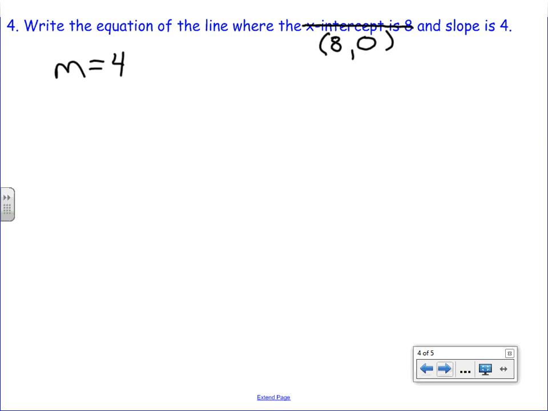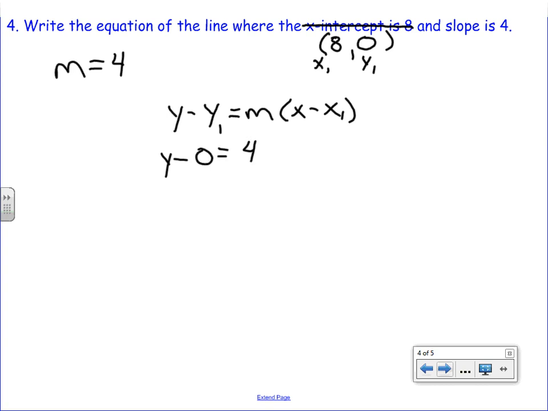So what we're given is our x1, y1. So we go back to point-slope form: y minus y1 equals m times the quantity x minus x1. And we plug in our point and we plug in our slope. So we have y minus 0 equals 4 times x minus 8. So you bring down the y minus 0.